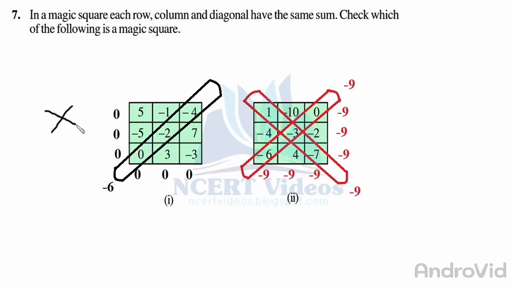Let's move to the second part. First let's check diagonally. So this is 1, minus 7 and minus 3 is minus 10, minus 10 and 1 is minus 9. Done. Another diagonal, minus 6 minus 3 is minus 9, plus 0 is minus 9 again, meeting the criteria.